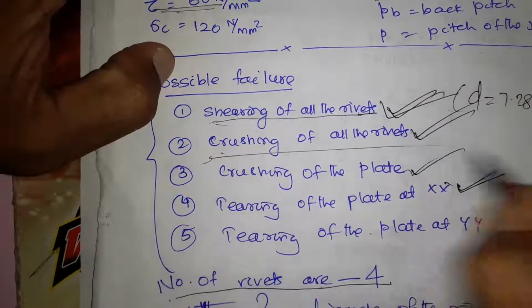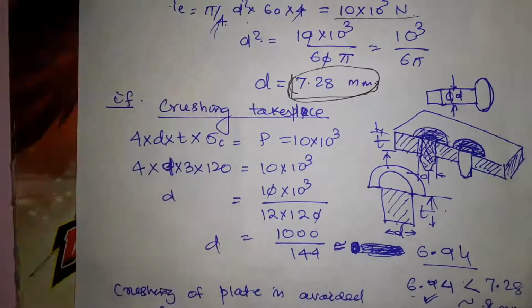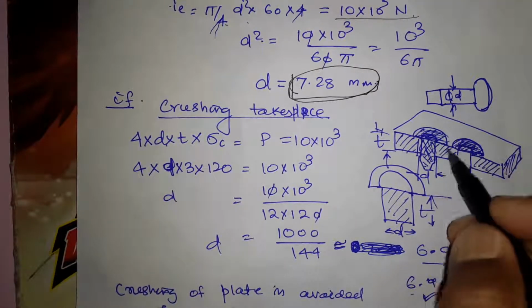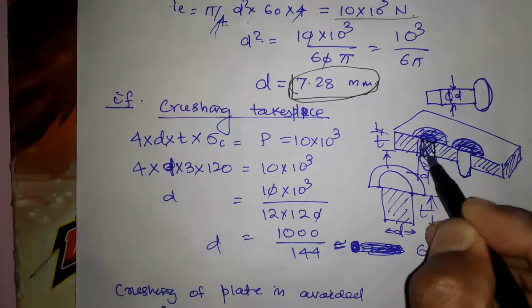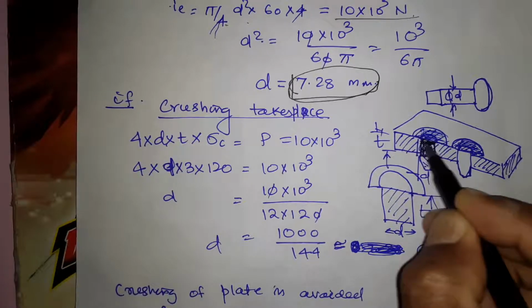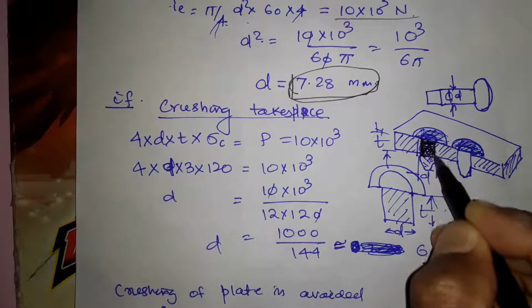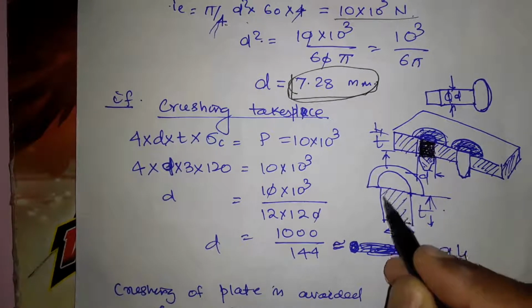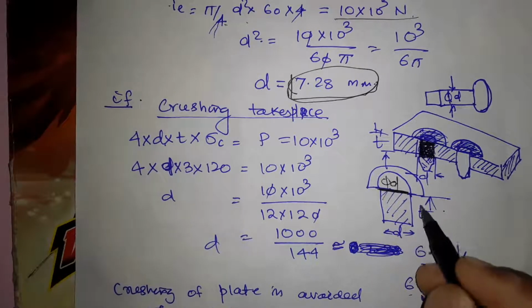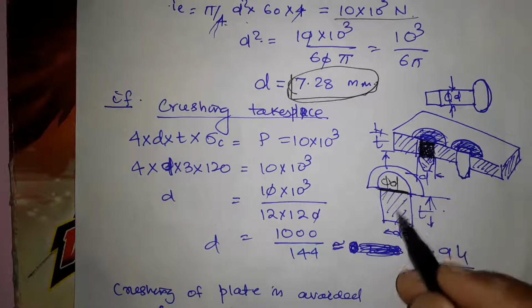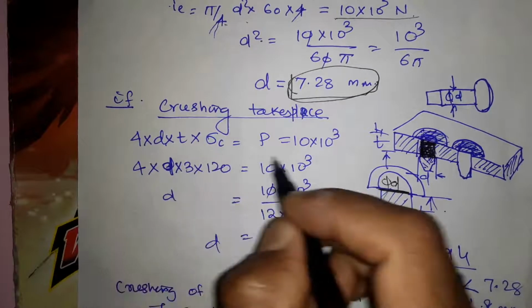Now if you check for crushing, the crushing area will be this area, which I have shaded. This is the diameter and this is the thickness. So this will be the crushing; crushing of the rivet will take place in this way.